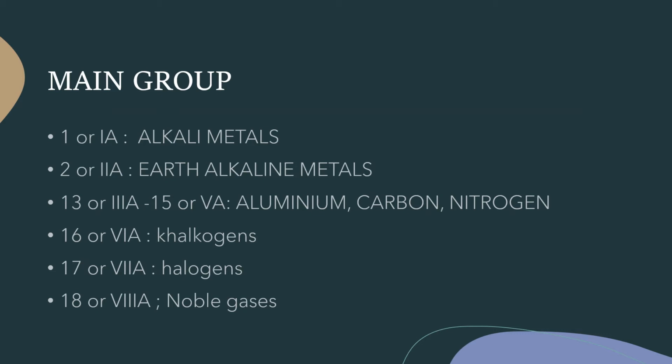So here once again the main group 1 or 1A, that's alkali metals. Group 2 or 2A is earth alkaline metals. For group 1 or 1A alkali metals, we have lithium, sodium, potassium, rubidium, cesium, and francium.